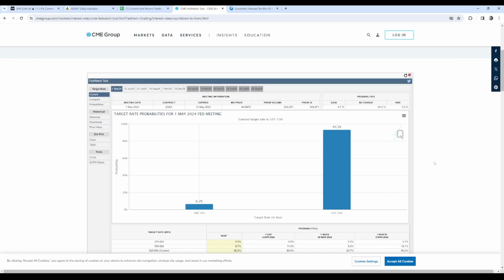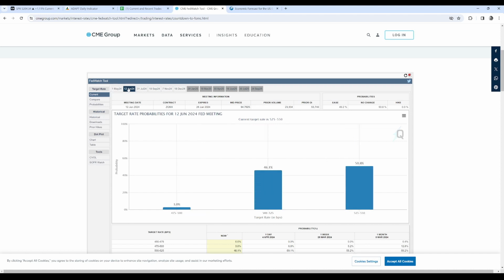Interest rates. So overall, it looks like as of May, interest rates are going to hold steady per what's being priced into the market. 93% is going to be at 525, 550, which is exactly where the current rate is right now. Let's look at June. Things get a little interesting in June.